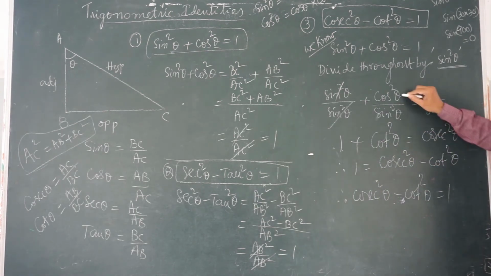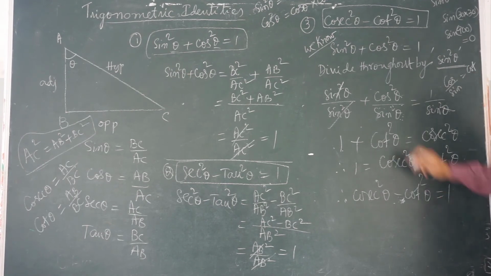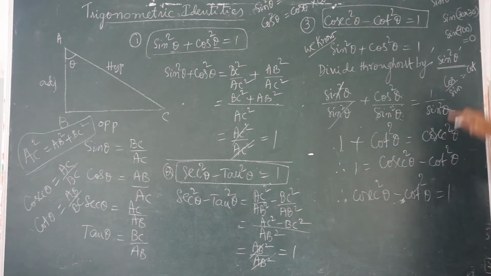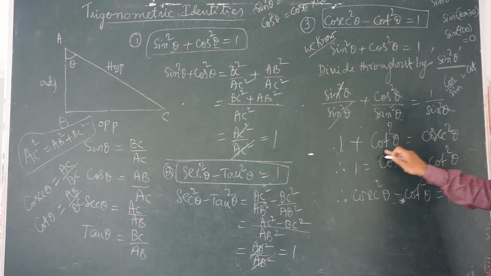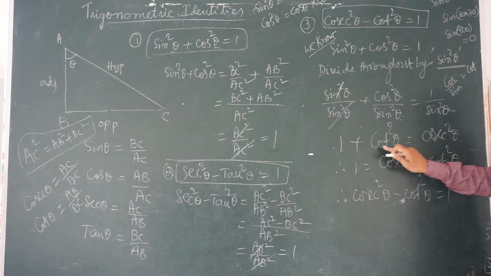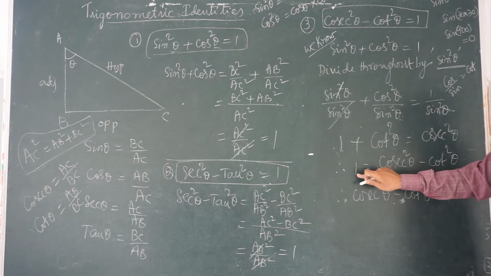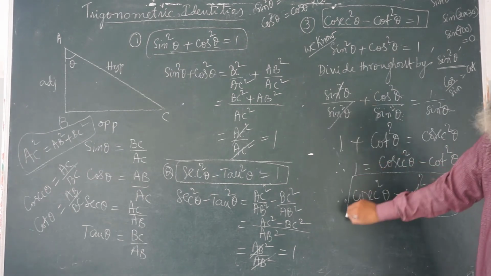Cos by sin is cot. Therefore cos square theta by sin square theta is cot square theta. 1 by sin square theta is cosecant square theta. So 1 plus cot square theta is equal to cosecant square theta. Bring this cot to this side. Cosecant square theta minus cot square theta is 1. So cosecant square theta minus cot square theta is equal to 1.